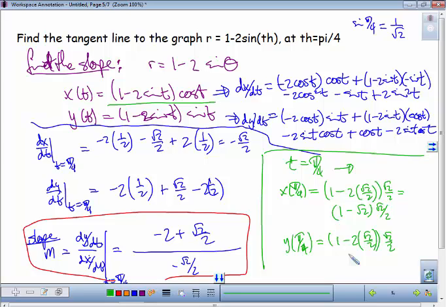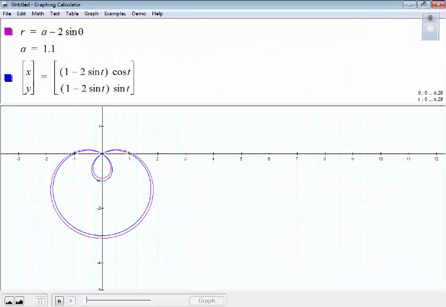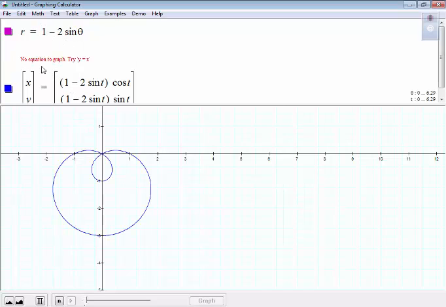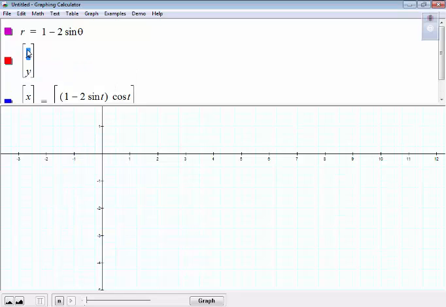Okay, let's take a look at the graph. Oh, I hope this works. So we're claiming that our point was what? That's some weird number, right?